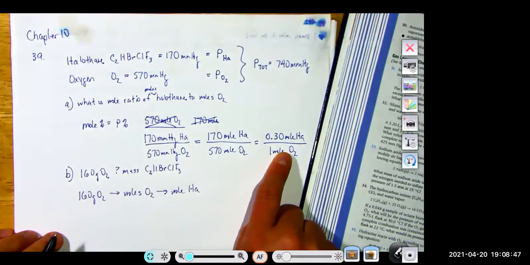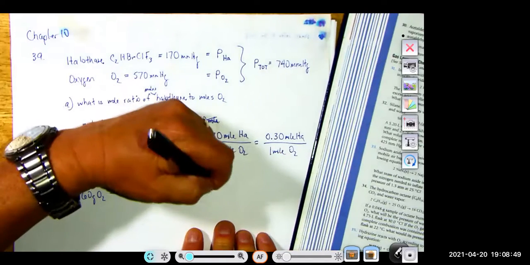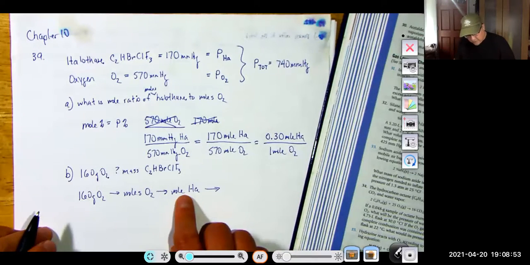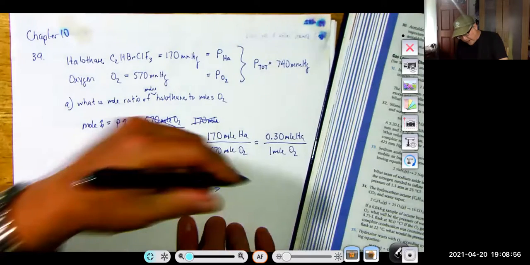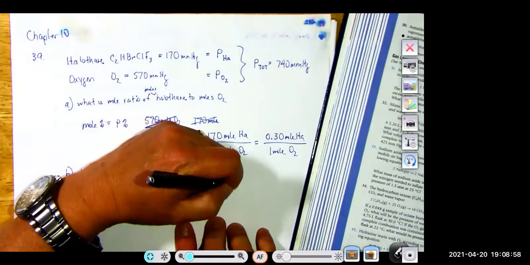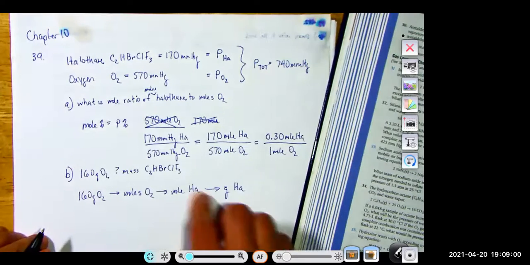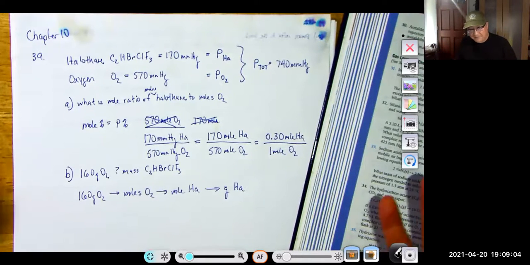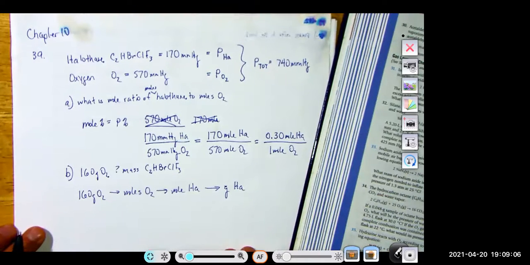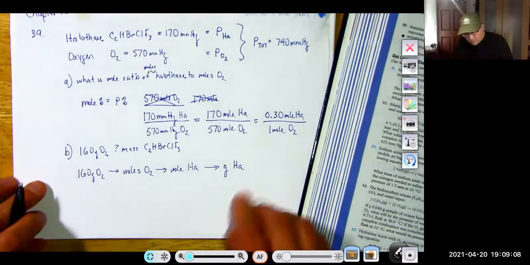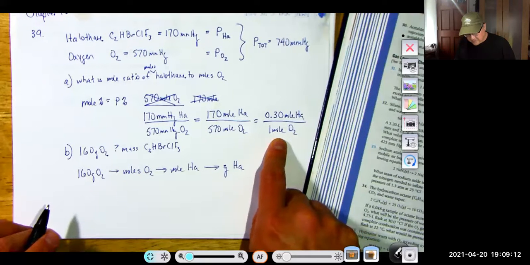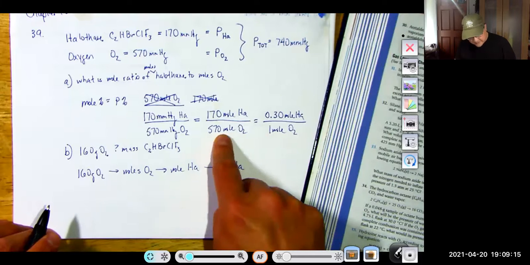You wouldn't even have to use the balanced equation. Then take the moles of halothane and turn that into grams of halothane. All we need is the molar mass of halothane, and that is going to be the hardest part of this problem. And actually, to do this, we don't need the mole ratio. We can use that directly.